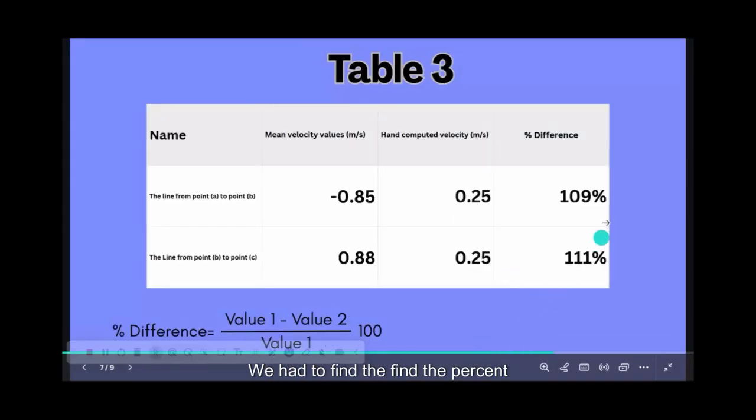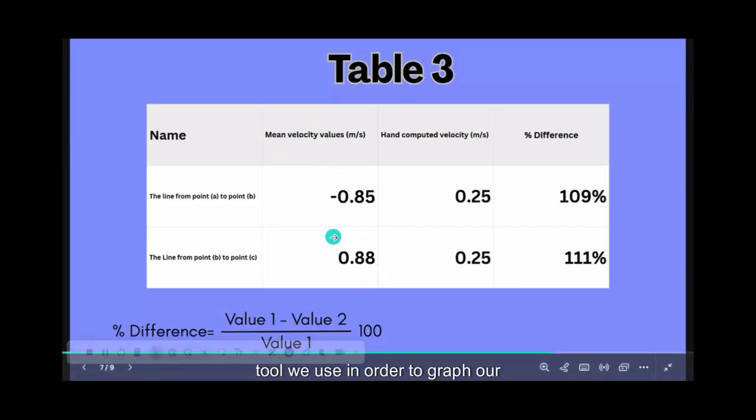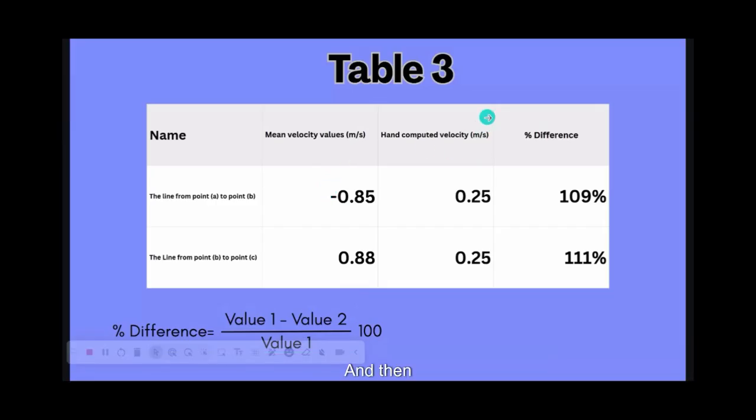For table 3, we had to find the percent difference, and for that we needed the mean velocity values, which we got off of the tool we use in order to graph our tables, and then this is what we computed by hand using the previous tables.